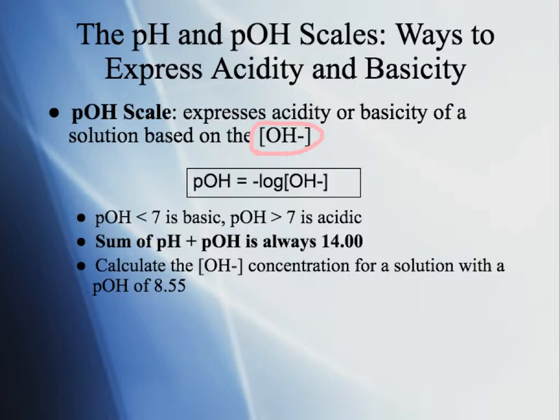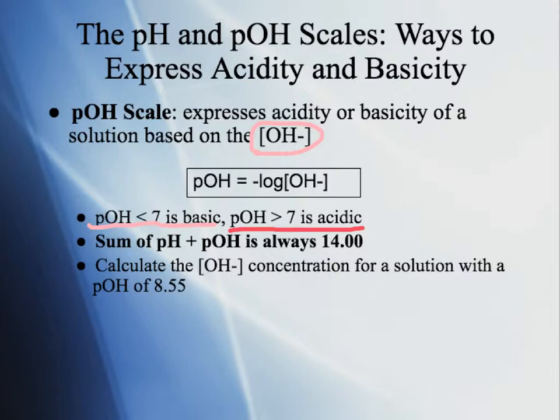In our pOH scale, if anything is below 7, it is basic, because now we've got a lot of hydroxide ions, which makes things basic. And if anything on our pOH scale is greater than 7, it is acidic, because the hydroxide ion concentration is very low. So we've got to keep that in mind, because it can get confusing.